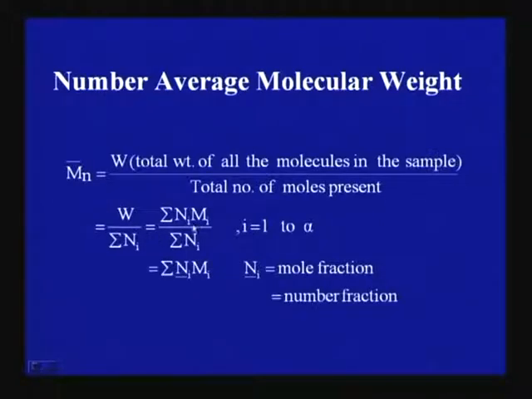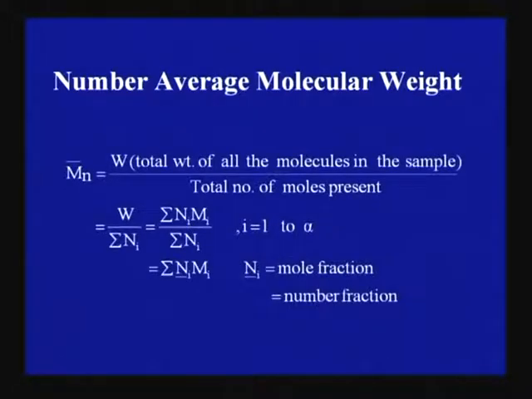Now, since it is based on counting the number of molecules of any species, say if you consider the ith species, in the ith species there are n number of molecules having m molecular weight. So, each species can be considered as one fraction, one part.